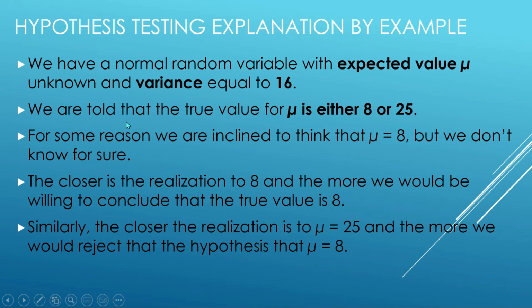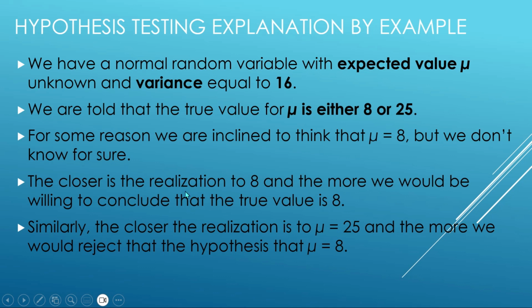So we are told that the true value of mu is either 8 or 25. We do not know the exact value of mu. Expected value is unknown, but we know that the expected value is either 8 or 25. For some reason, we are inclined to think that mu is equal to 8, but we don't know for sure.